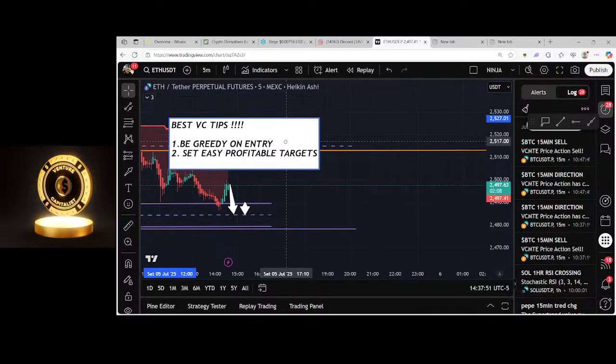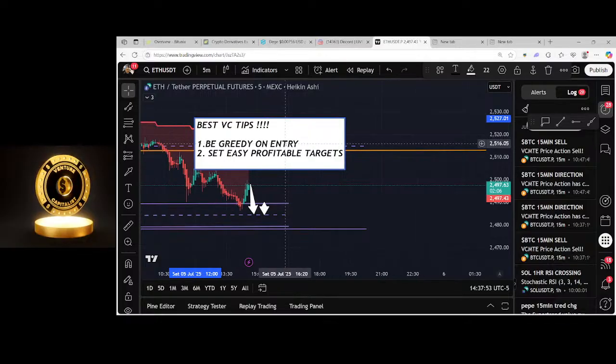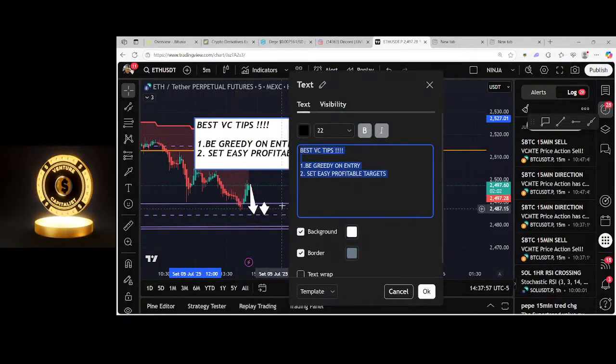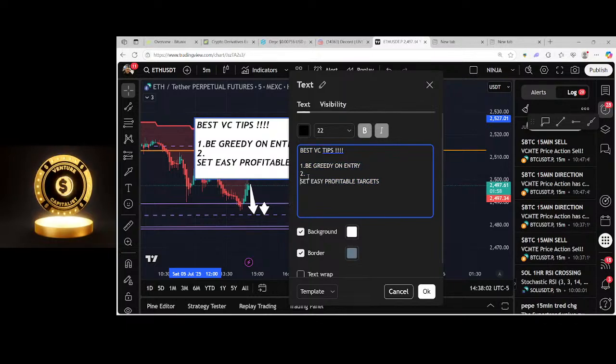Profitable targets, right? What that comes down to is, I guess we'd actually make that number 3, because number 2 should be have a proven system.